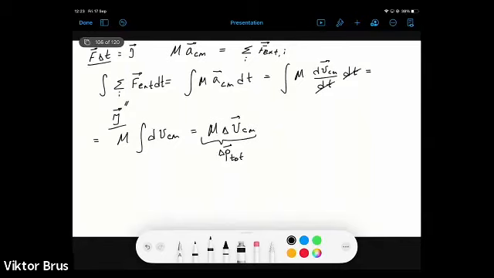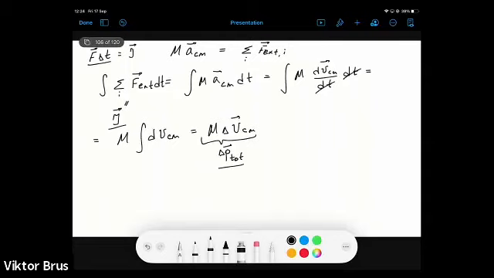So we see that the impulse of the resultant external force on the system of many bodies will be equal to the total change of the linear momentum vector of this body or system of many bodies.